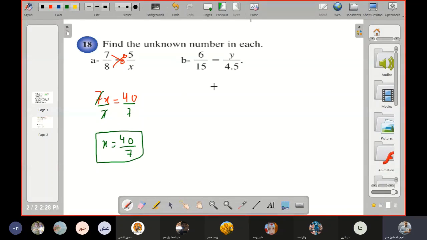Okay. This one, Muhammad Asim. The same as Ali worked. The first thing we do is what? We multiply 6 by 4.5 and 15 by y. Very good. What do we call this process?